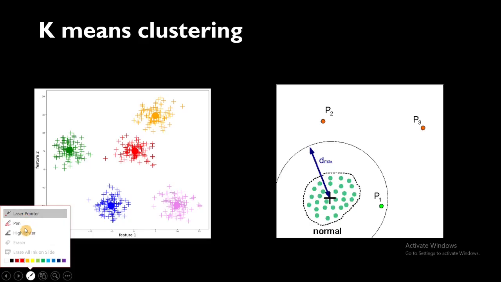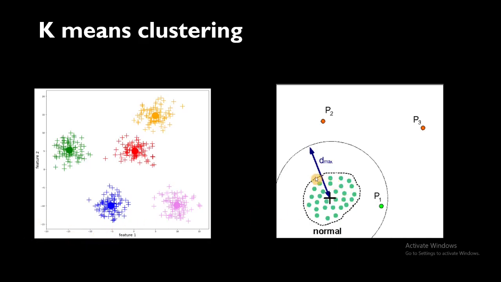So let's say, for anomaly detection, we take the number of clusters k equal to 1. We only have one cluster, which belongs to the normal dataset, and according to that we will do the anomaly detection. So this is our normal dataset, where we got the cluster by running the K-means clustering algorithm. Then for each point in the normal dataset, we'll calculate the distance from the cluster center.